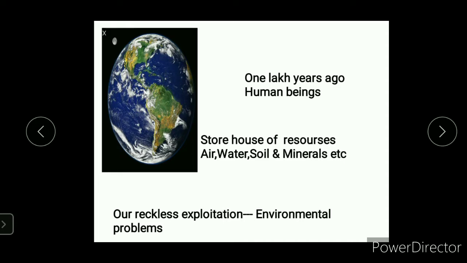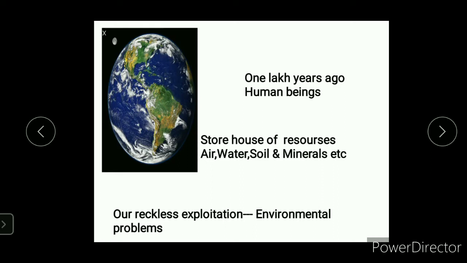And when we ask what Earth is, generally the answer is that it is a planet. That is correct. But according to the concept of this lesson, Earth is not only a planet but also a storehouse of resources.